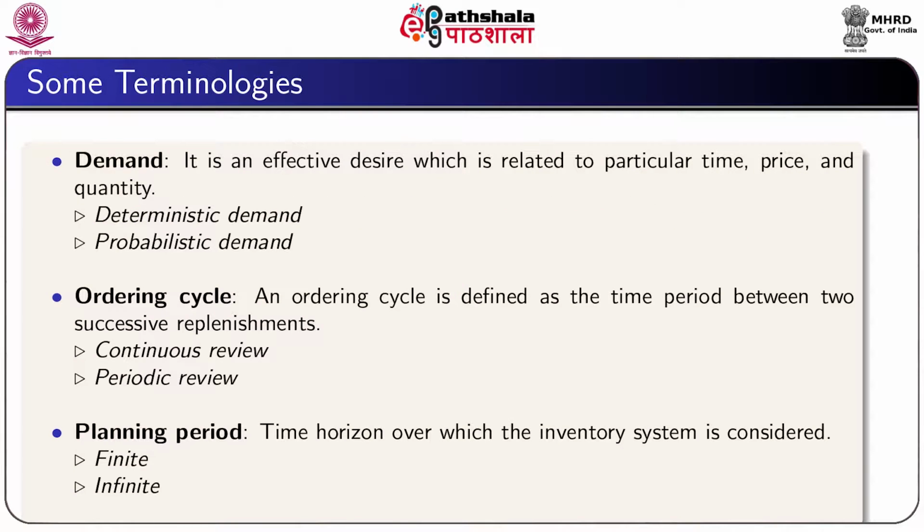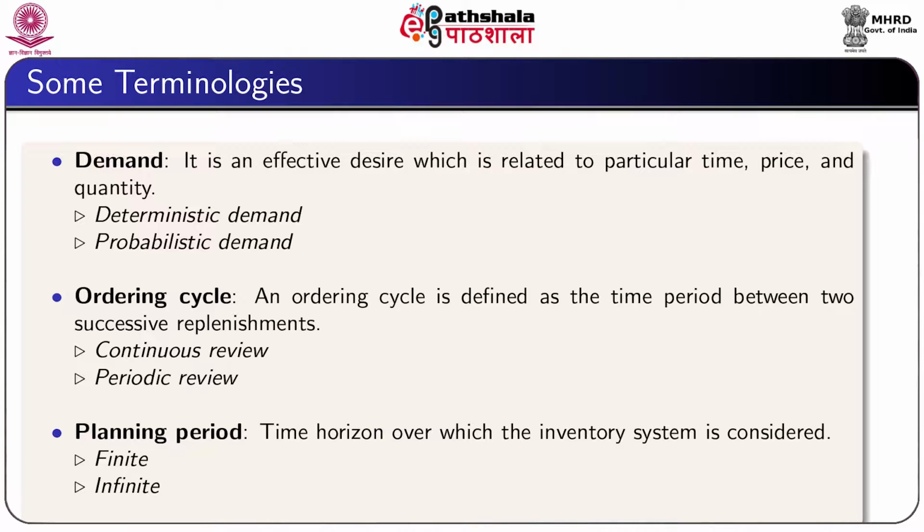Now, we come to define some terminologies which are usually used in inventory theory. First is demand. It is an effective desire which is related to particular time, price or quantity. Demand pattern of a commodity may be either deterministic or probabilistic.